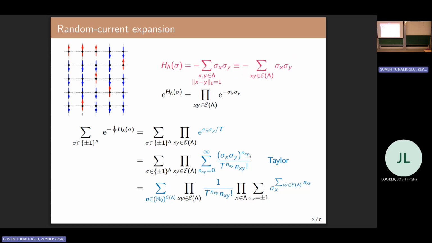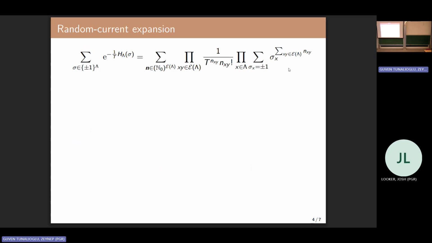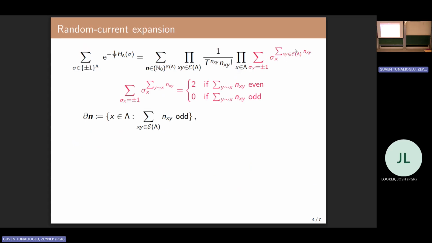So every site x will appear as many times as it has neighbors, which is why this power here is the sum of n_xy over all neighbors of x. This is how we get this sum. And now if this sum is even, then the sum over here will just be 2. And if this sum in the exponent is odd, then this will sum up to 0, because we will get +1 plus -1.